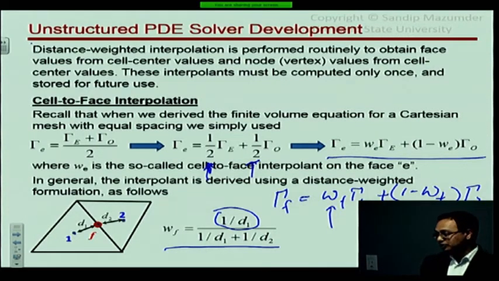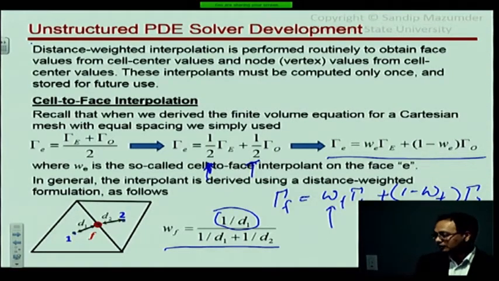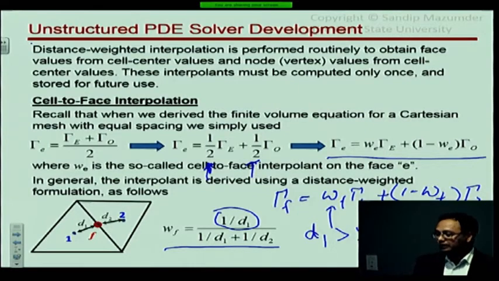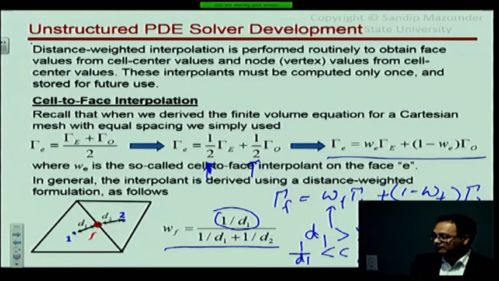You can see from this formula, let's say I make d1 very, very large compared to d2. If I do that, then that means 1 over d1 is very, very small compared to 1 over d2.